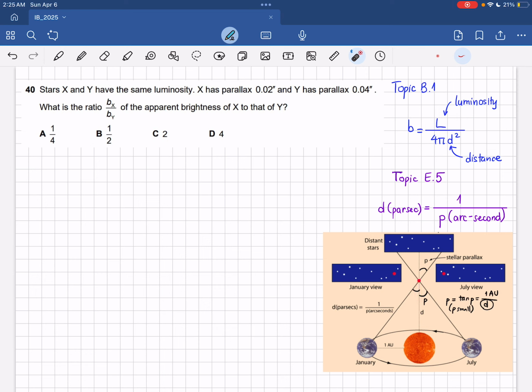Here, we just draw the angle really huge so we can see things clearly, but actually it is a very small angle. So again, luminosity divided by the surface area of the sphere of radius d from the star to our Earth, or to the sun here, and this is the apparent brightness.